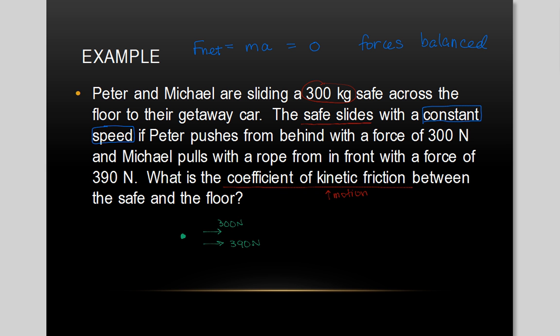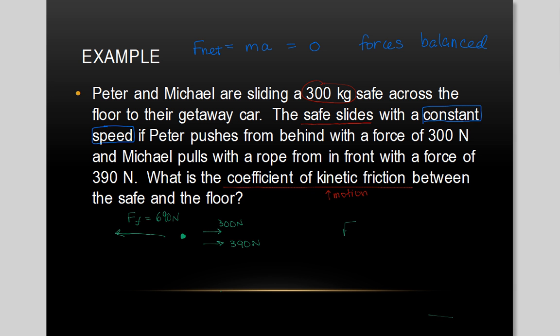But we've been told this is not an accelerating system. So there must be some force that's opposing this. Very nice. And how many newtons is this force of friction, Maria? To be balanced, it's got to match those other two, right? So 690.